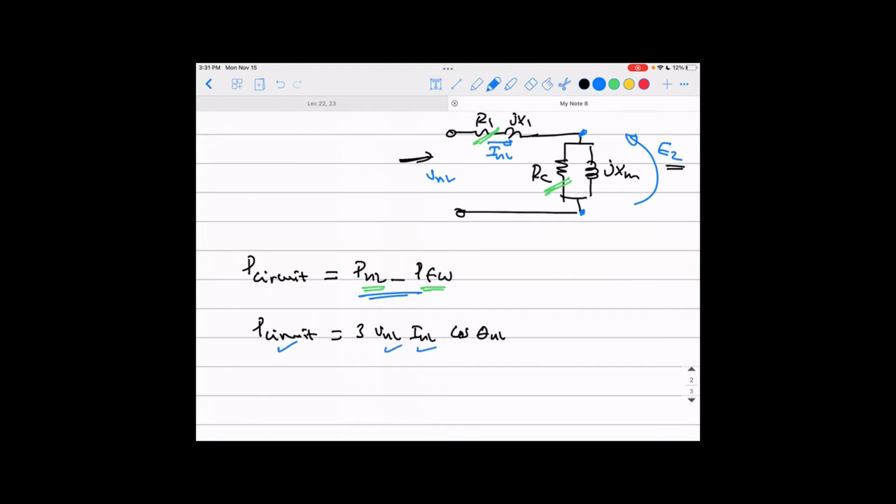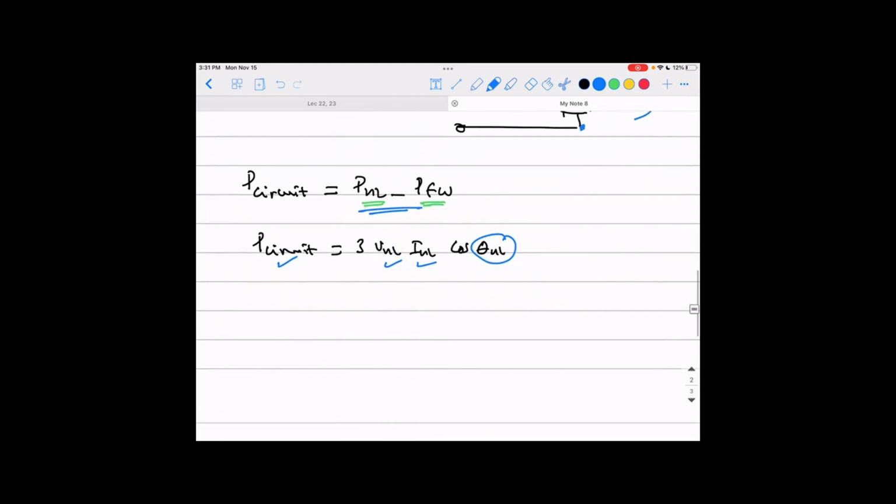V no load and I no load are known, so you can just find theta no load easily, okay? So you have theta no load in your hand. This is the angle of both the power and the current, okay? So theta no load will be just the angle of your current also. So the current will be I no load at angle theta no load.